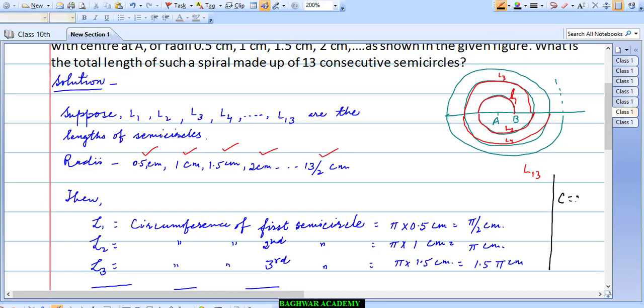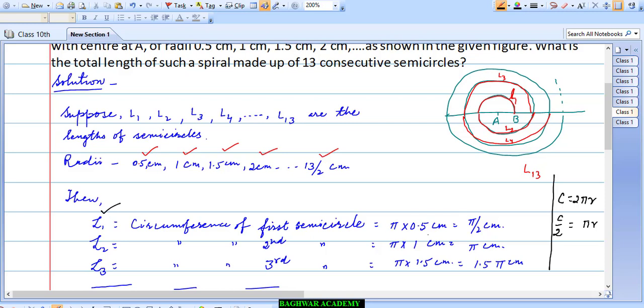As we know, circumference is 2 pi r, but for a semicircle it is half of that, that is pi r. So here we have written pi into r. In place of r you have 0.5, 1, 1.5, 2 centimeter up to 13 by 2 centimeter.